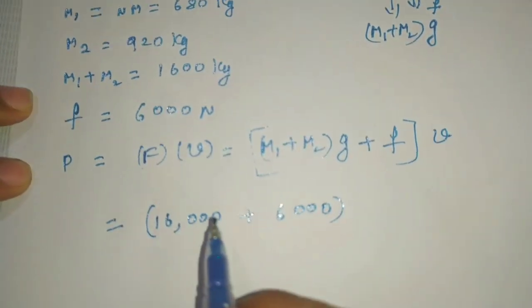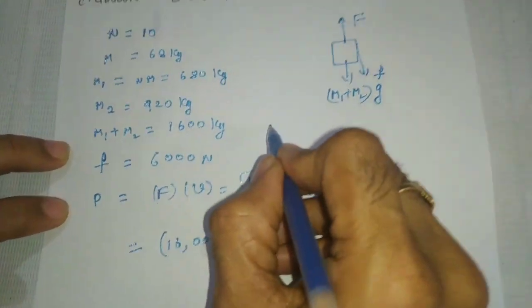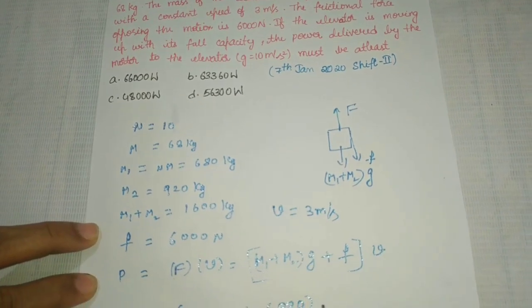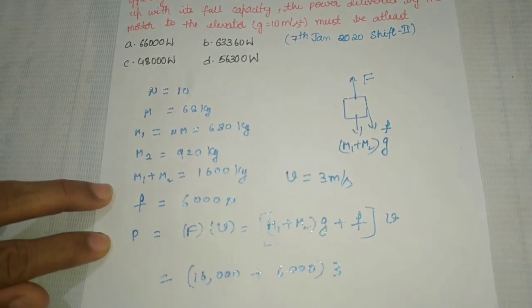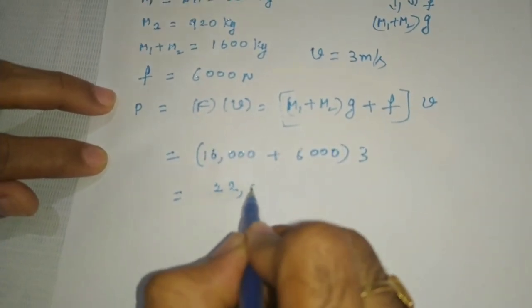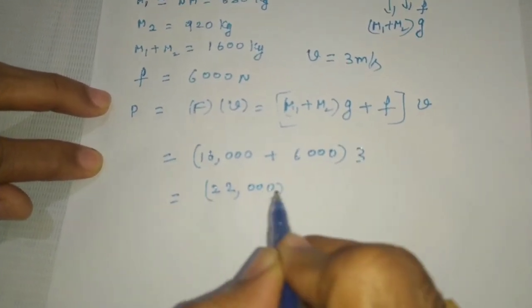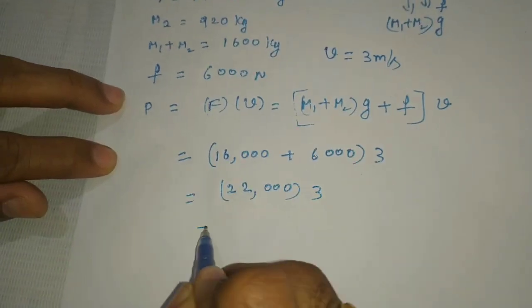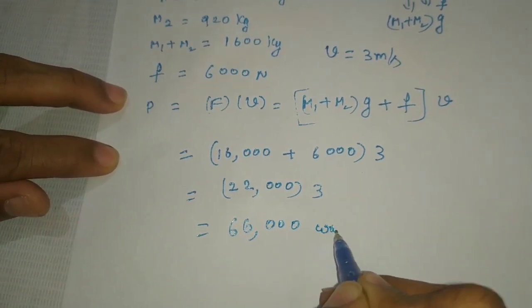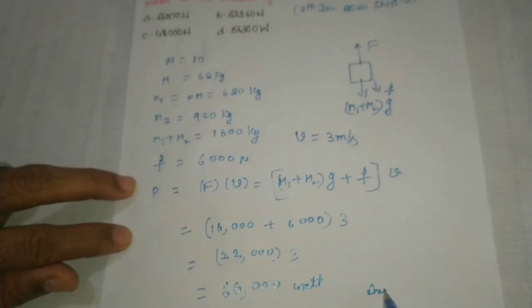Moving with a constant velocity, given that v is equal to 3 meters per second. So this is equal to 22,000 into 3, that is equal to 66,000 watt, the power required. So the answer is A.